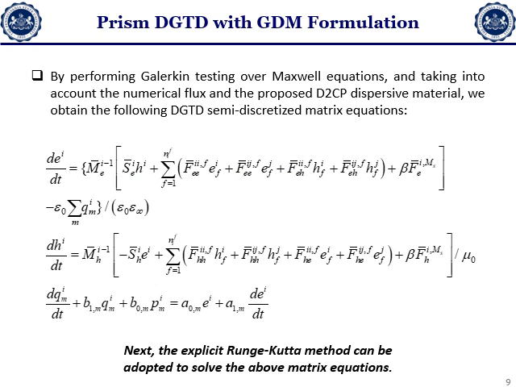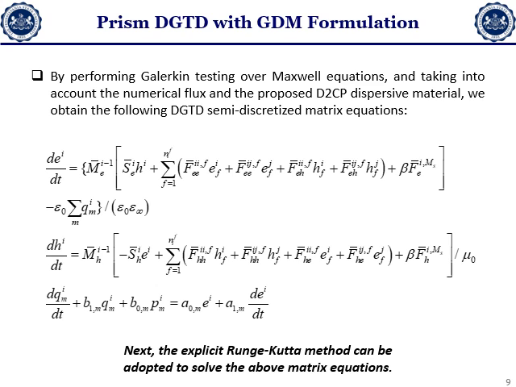And then by performing Galerkin tests over Maxwell's equations and taking into consideration the numerical flux and the proposed D2CP dispersive material, we can get the semi-discretized matrix equations. The first two come from the Maxwell equations, and the third one is from the ADE method of the dispersive material.